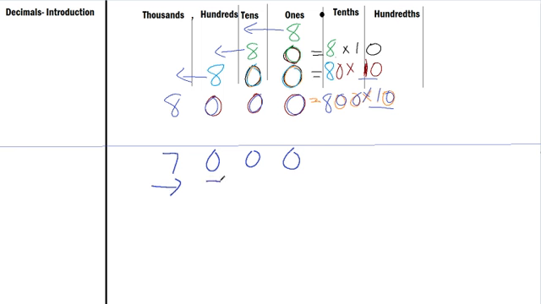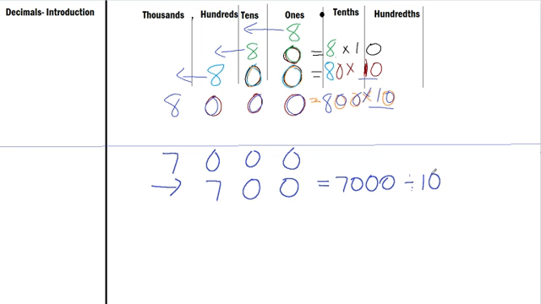So then I make it 700. Well, what happened? To get from 7,000 to 700, I took 7,000 and divided it by 10.